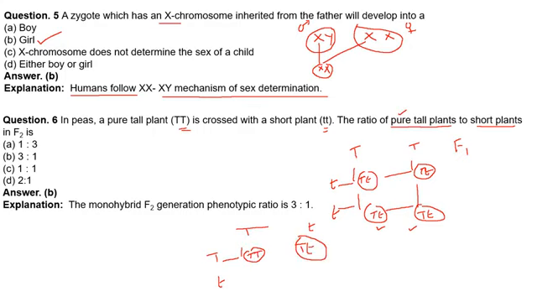This is not a pure one, this is a hybrid one. Capital T, small t, and small t, small t. As per the question, they have asked the ratio between the pure tall plant and the short plant. There is 1 pure tall plant and 1 short plant, so the ratio will be 1:1.